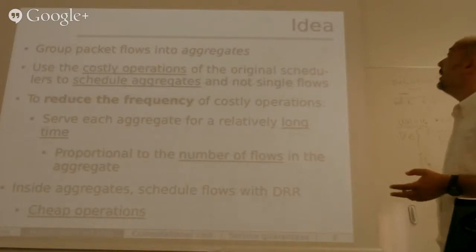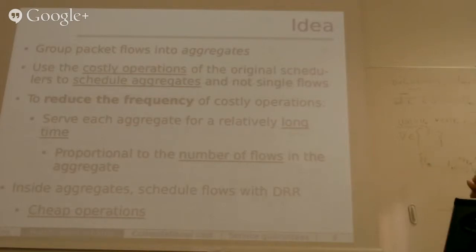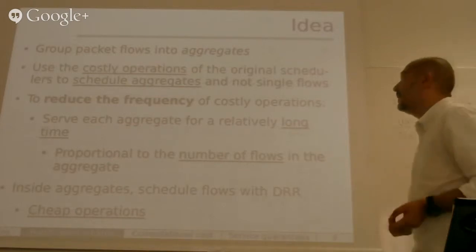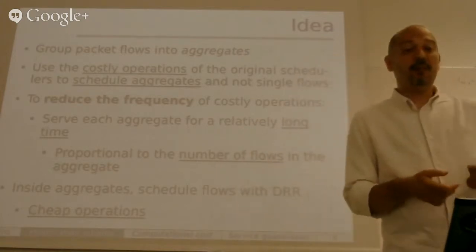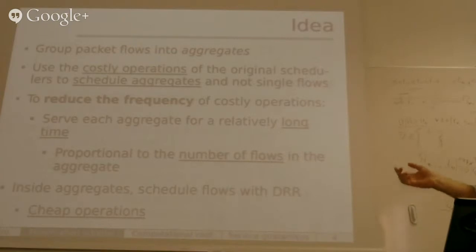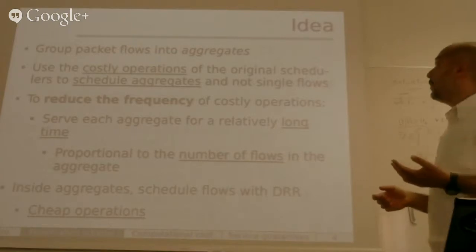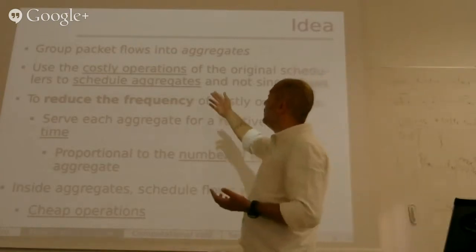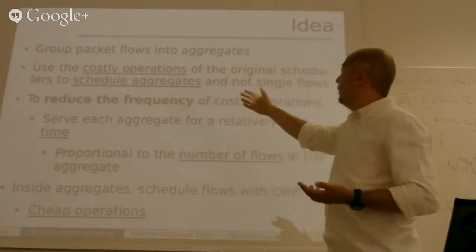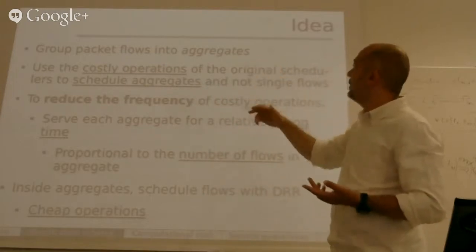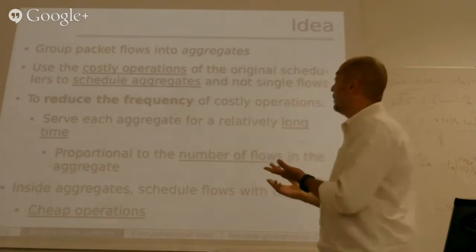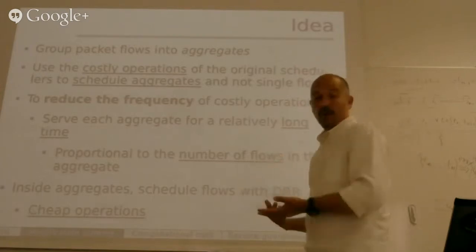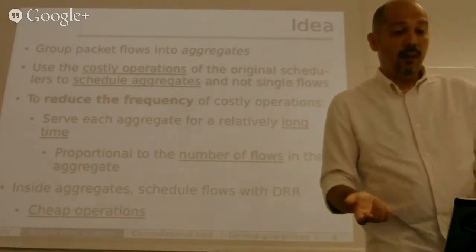Okay, so what's the idea of this modification scheme? It's definitely simple, nothing particularly new. Just group packet flows into aggregates and perform the operations that are more costly in the original schedulers on aggregates instead of performing them directly on flows.